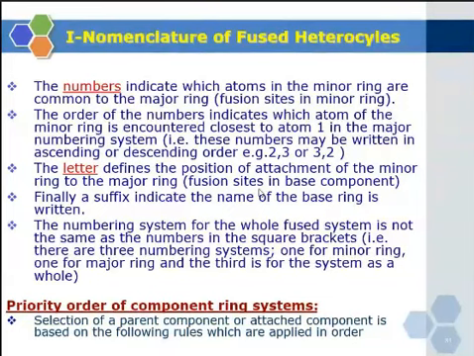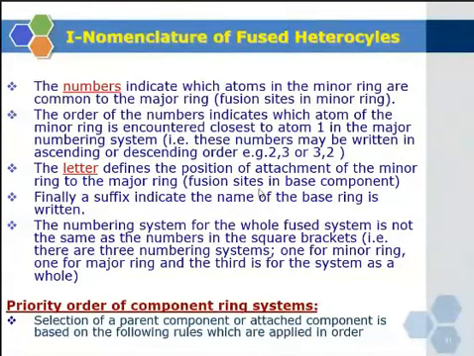The order of the numbers indicates which atom of the minor ring is encountered closest to atom 1 in the major numbering system. Here it is observed that these numbers may be written in ascending or descending order. It does not matter.